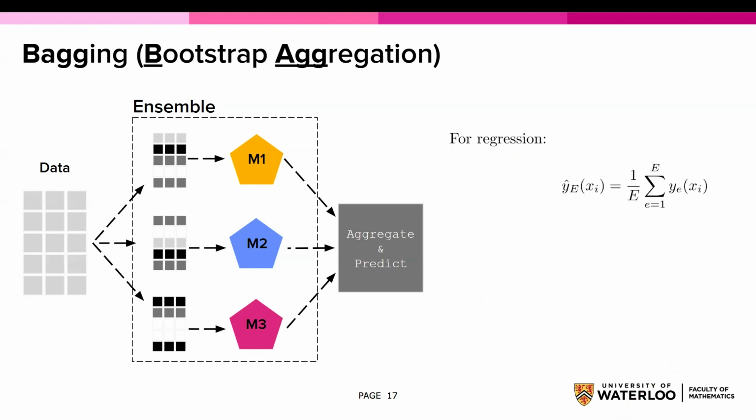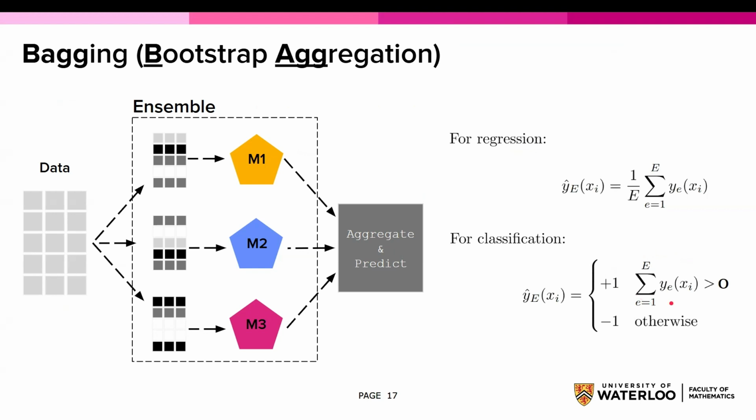In regression, we take the average of the predictions from the individual base models, and for classification, we take the majority vote. Whichever class gets the most votes from the base models becomes the final prediction.